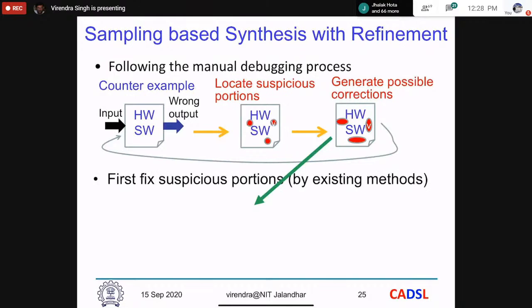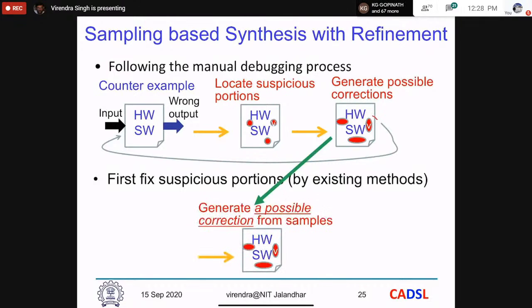So first you fix some suspicious portion, this portion and this portion, and then try to find out what would be the solution for the next. Now you generate a possible correction for all the sampled inputs.